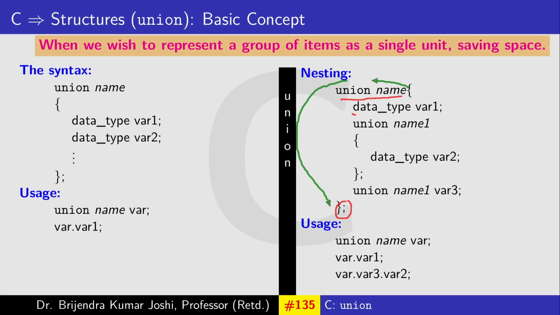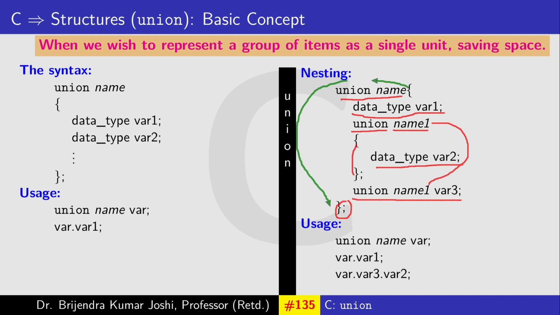Within this, the name of a variable of some data type, then we can have a union and some name for that union, and as usual declare all the members. But just like a structure, if we want to make use of it, we need to create a variable of this type, union name1. Name1 is the same as this one, then only it can be used.